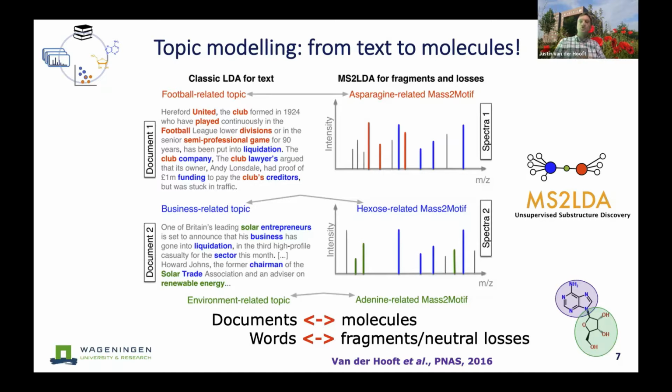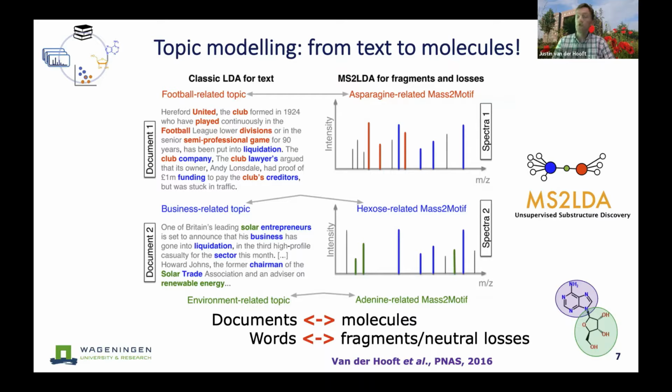The tool was coined in 2016 as MS2LDA. The name goes from MS, mass spectrometry, to LDA, using latent Dirichlet allocation, topic modeling. Well, let's quickly forget that again. We just focus on how it works. And MS2 is like using MS2 data with LDA.